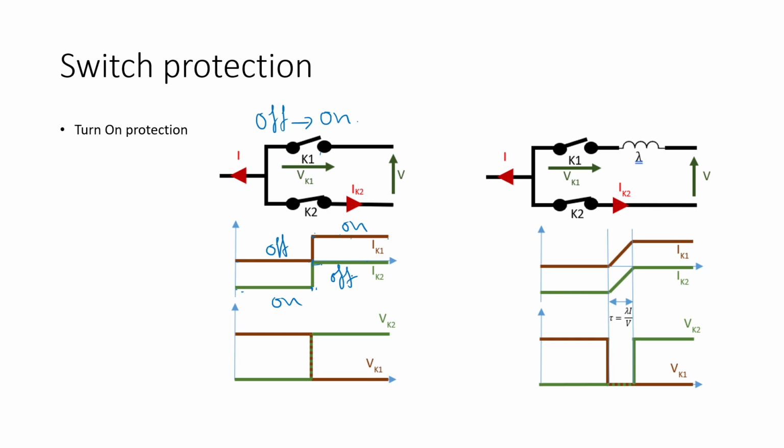This is without protection, and in many cases it's going to break down your components. How is the K2 turning off if the current is higher? K2? Yes, here is 0, but this is negative. Okay, but I said in absolute terms, from maximum current to 0. Yeah.